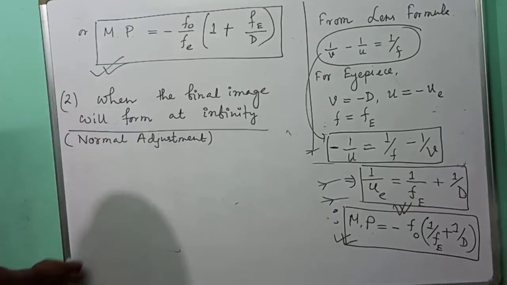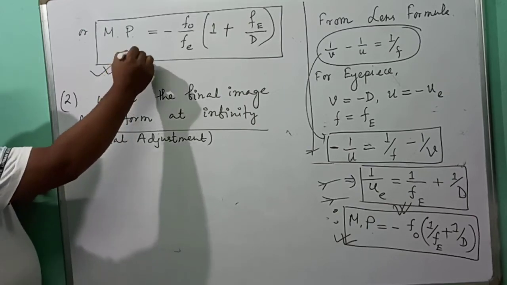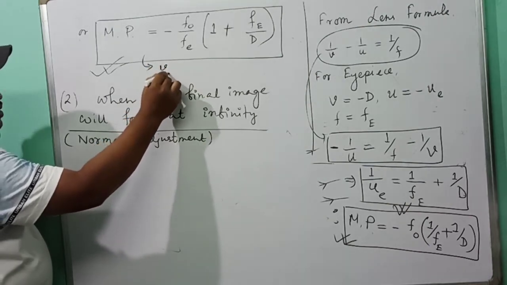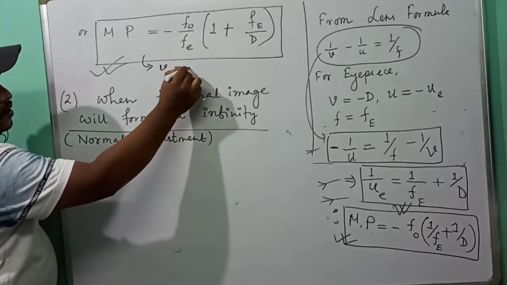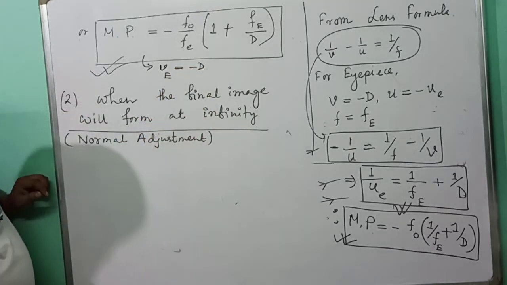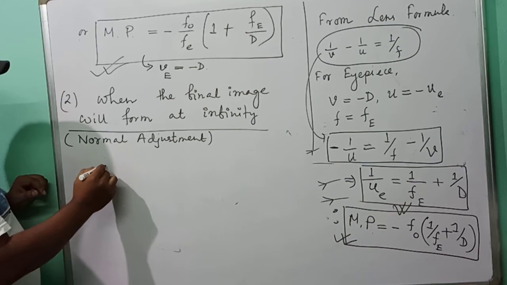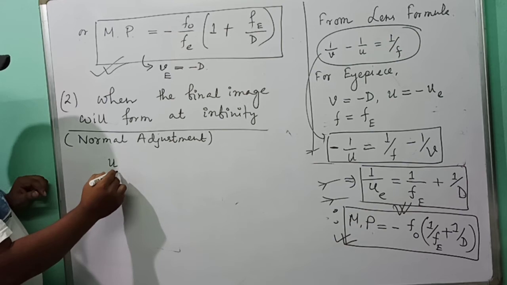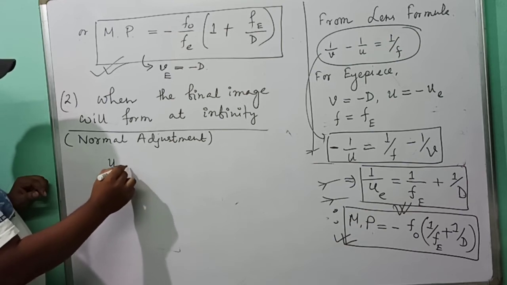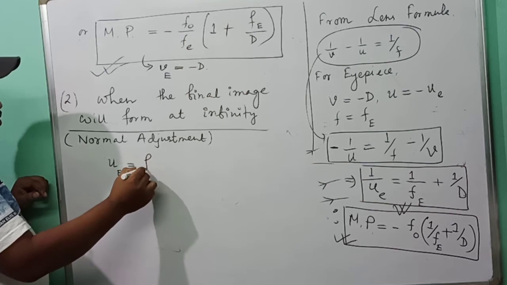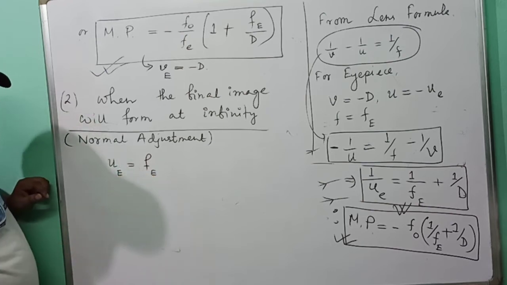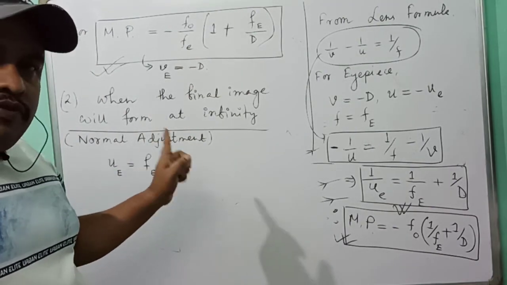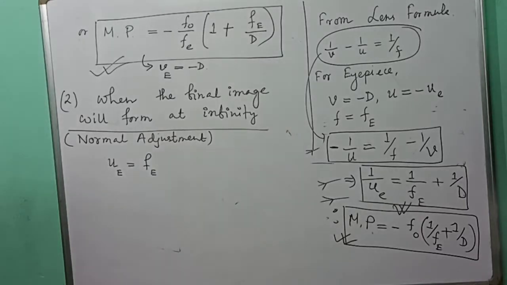Understood? So for this case, we have VE, the image distance for eyepiece, which is minus D. Now in this case, the object distance for the eyepiece lens will also become the focal length of the eyepiece lens, because we have already seen that when you place the object at focus, the final image will form at infinity.